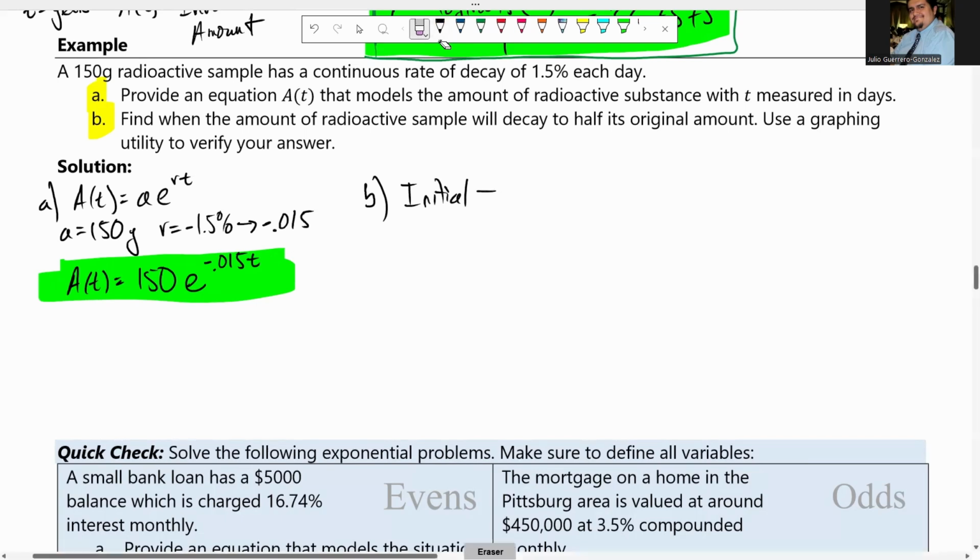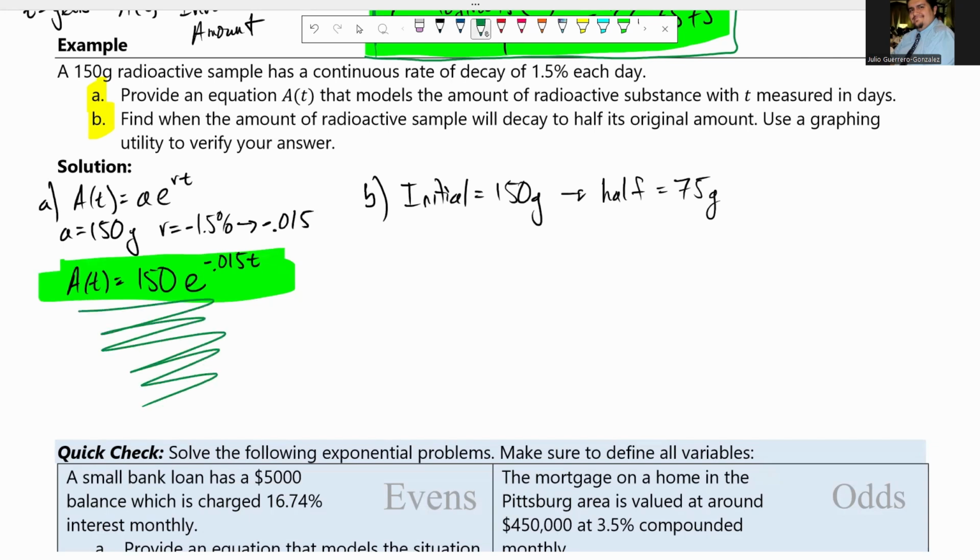Initial for this problem is 150 grams. So therefore, half should be 75 grams. Okay, and just like before, we need this equation to be equal to that half. So we solve it out.